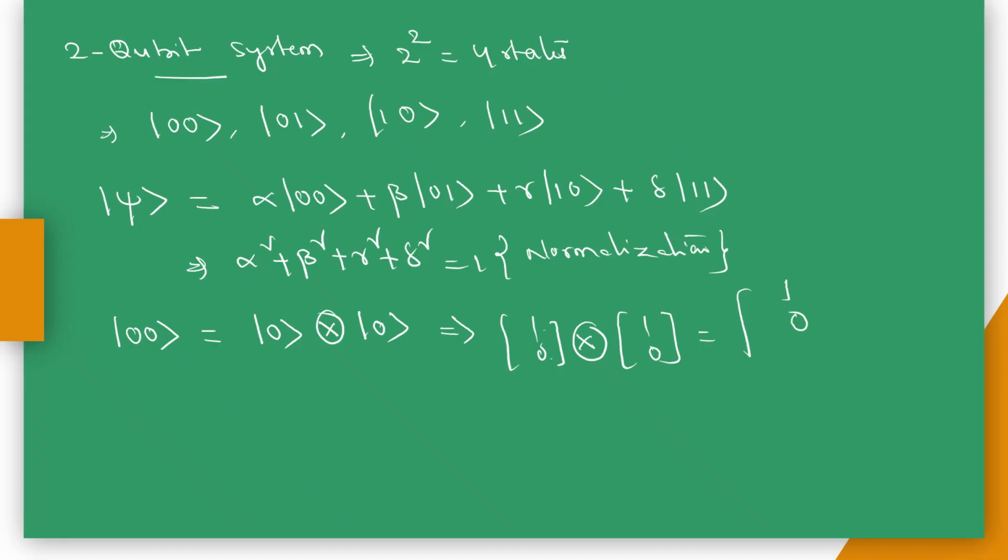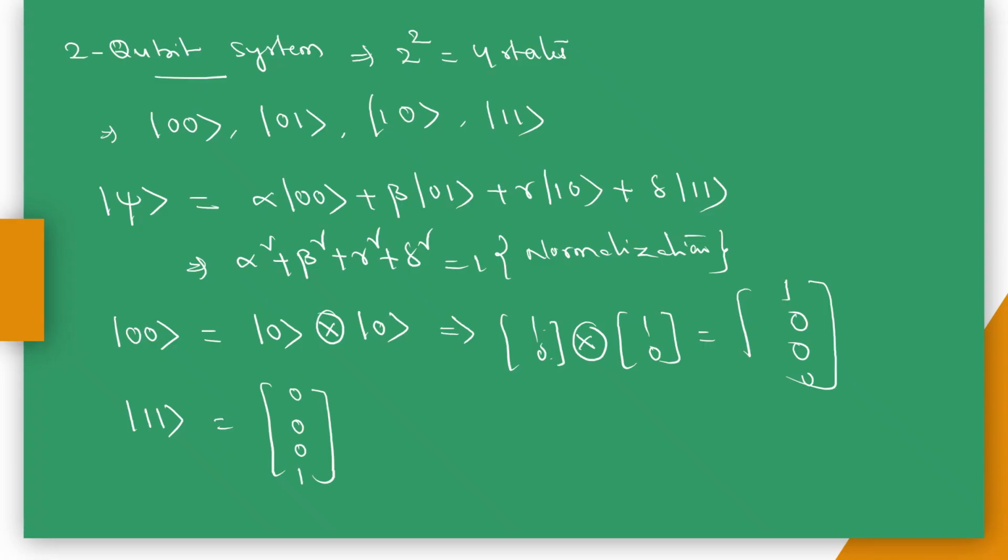This gives 1 times (1, 0), 0 times (1, 0), that is the column (1, 0, 0, 0). This is the way we can represent the state 00. Similarly, we can write the state 11 as (0, 0, 0, 1).